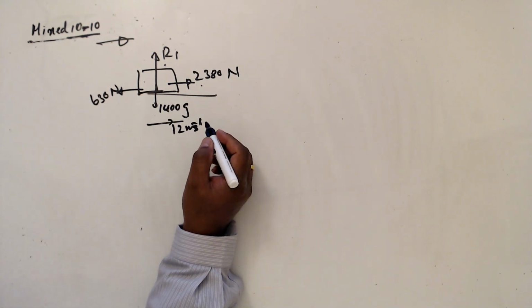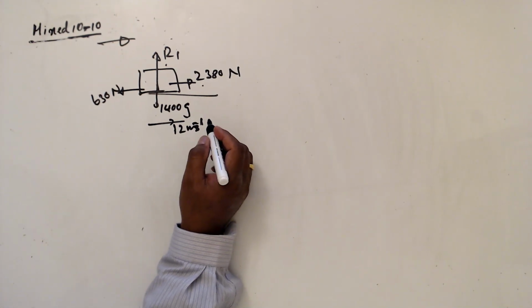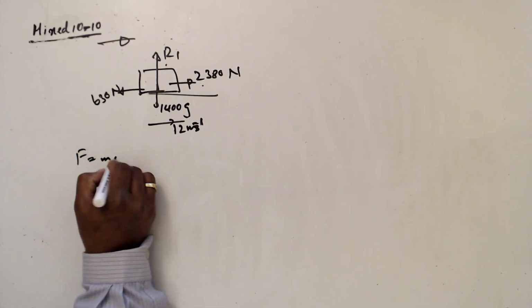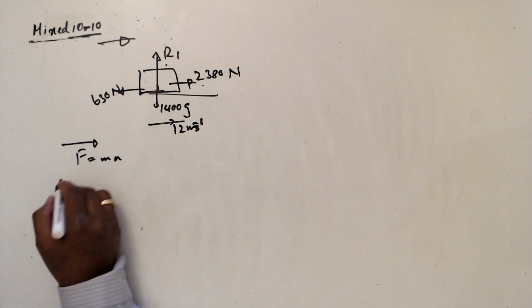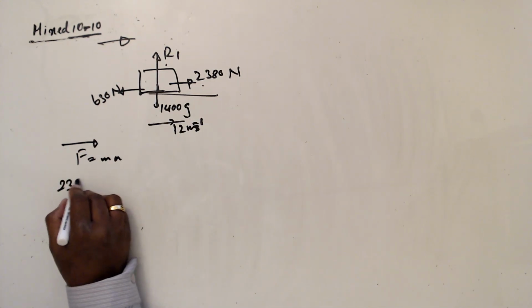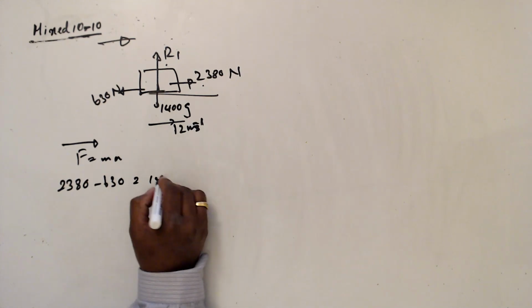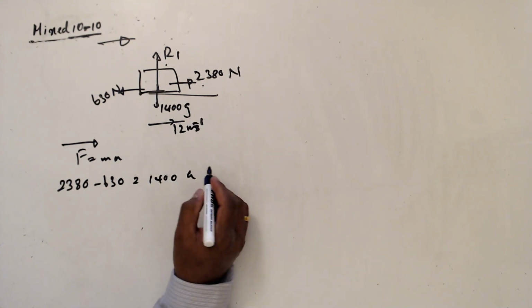Right. So now we don't have the new acceleration. So we want to find it again using F equals ma in this direction. F is 2380 minus 630 equals m, which is 1400, times new a.